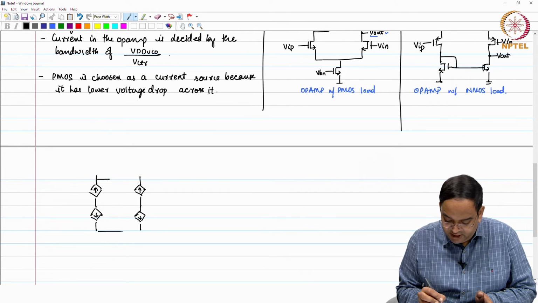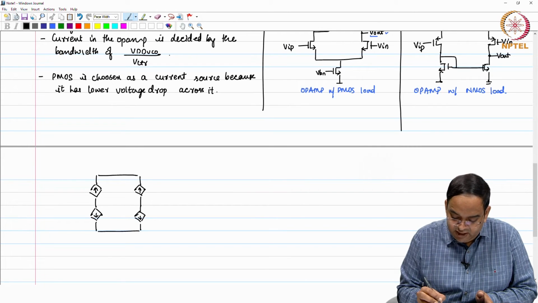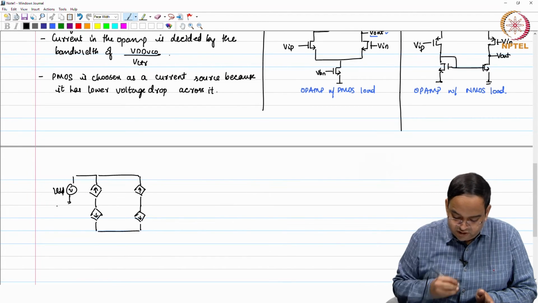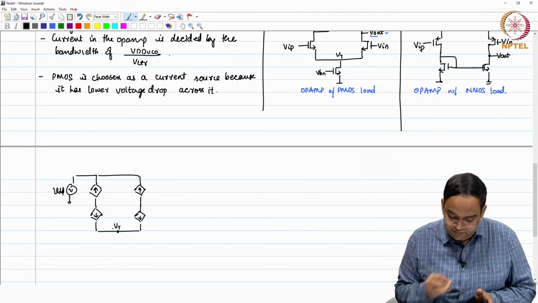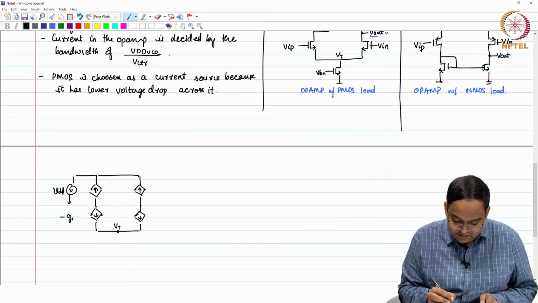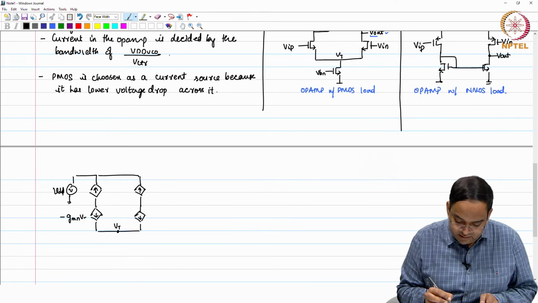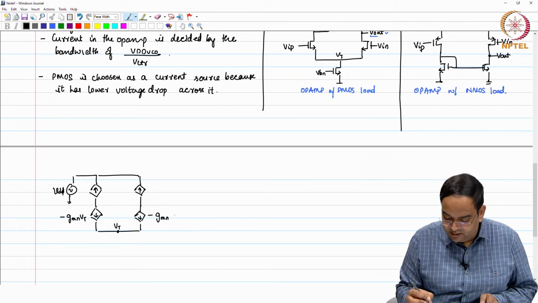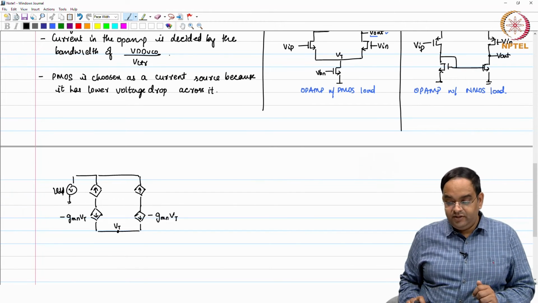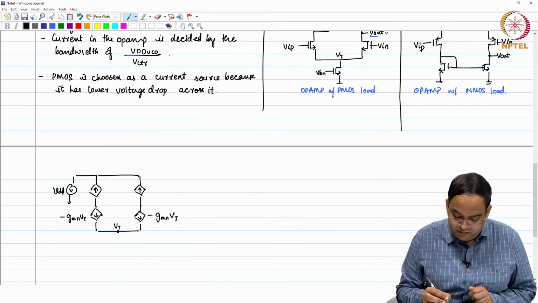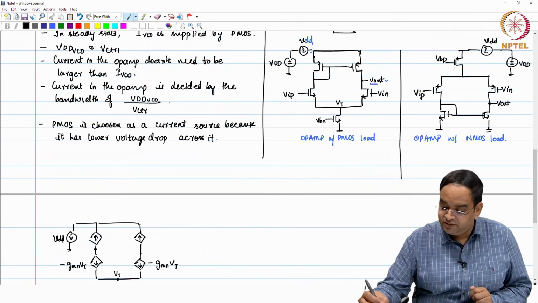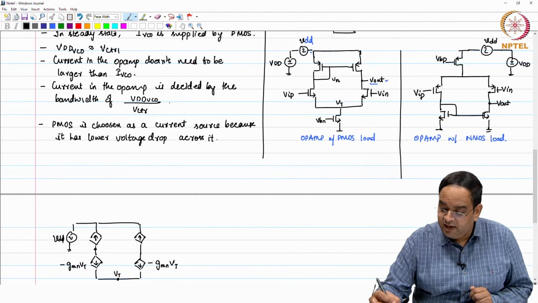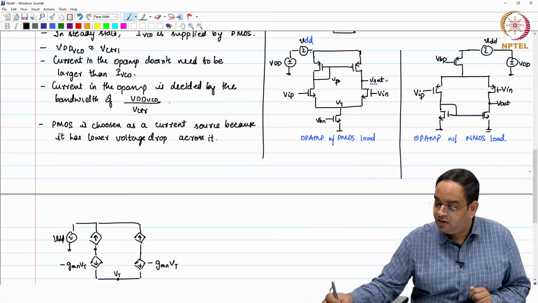So, this is what you have, and you are applying supply noise here, which is small signal VDD. This is your tail node, so I call this VT. You have here minus GMN VT. This is also minus GMN VT. And then this particular node, this is V out, let us call this VN, or Vp here.